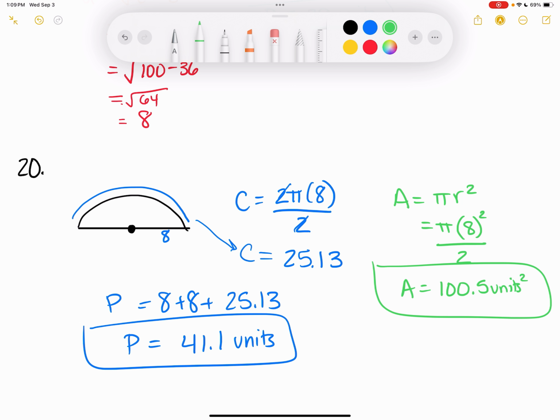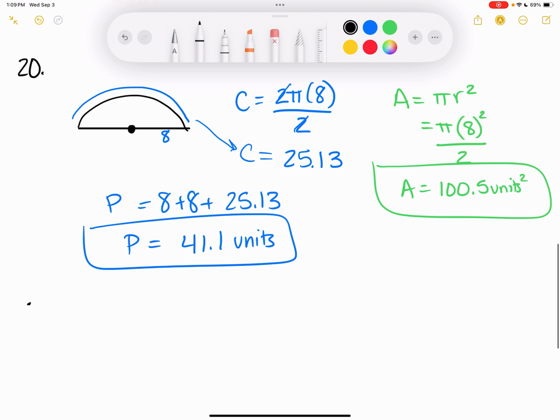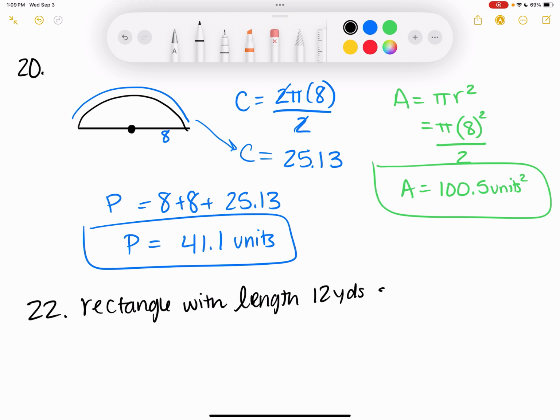They could give us something like 22 where they say a rectangle with length of 12 yards and width of 9 yards. And they want us to find the area.